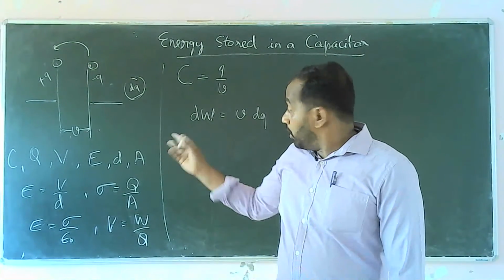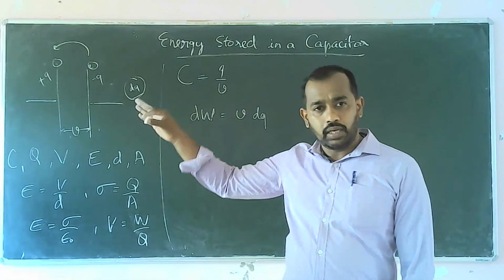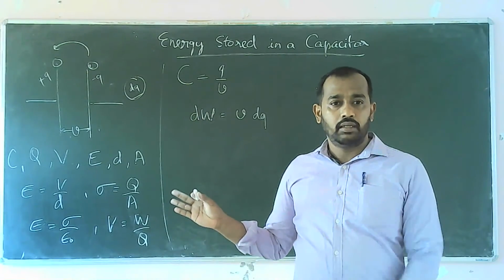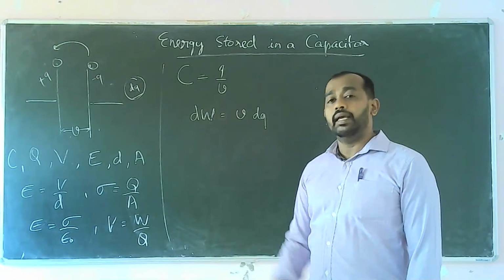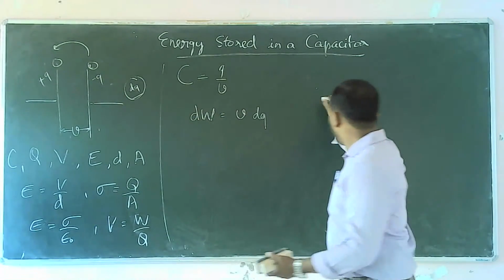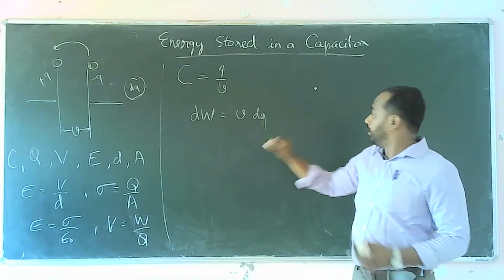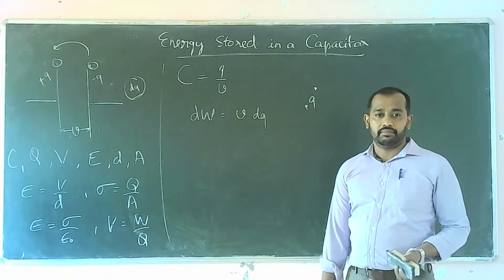Do you want me to rephrase it? So again, I will rephrase it, the same thing, so it should not be confusing. What situation do we have here? There is a point, which I will represent as plus q. Already a plus q amount of charge is there.